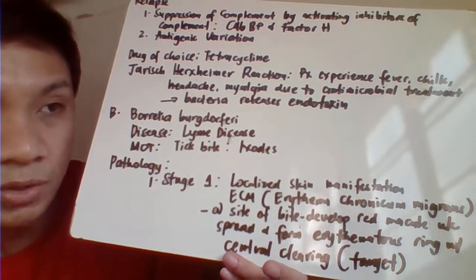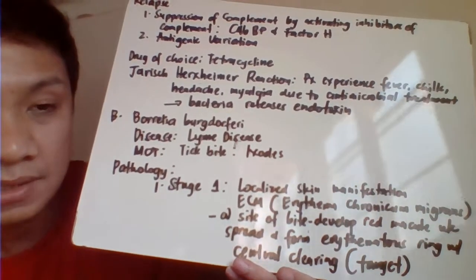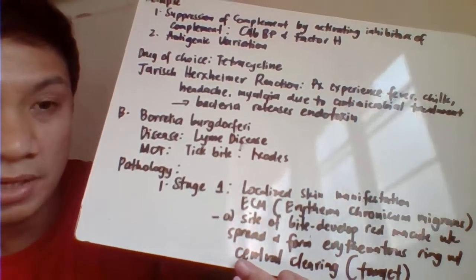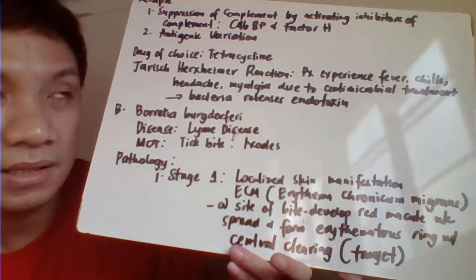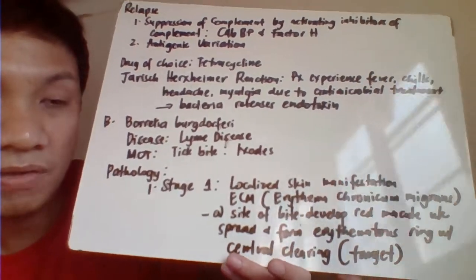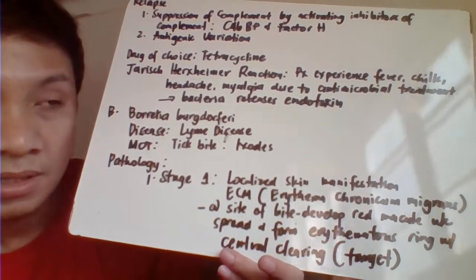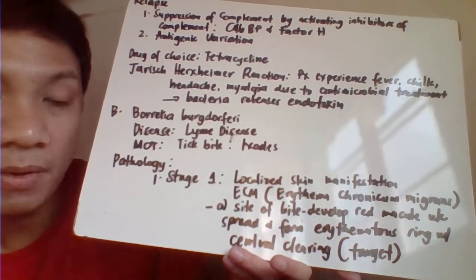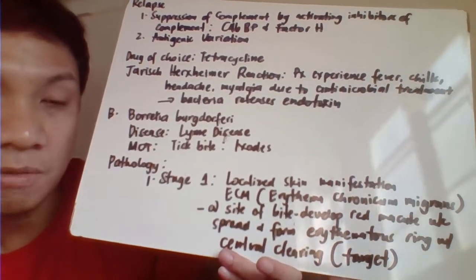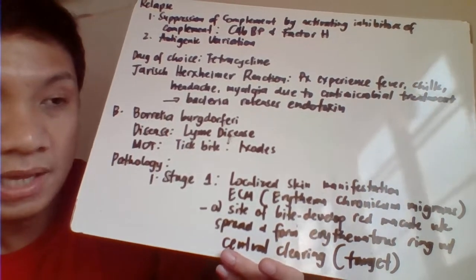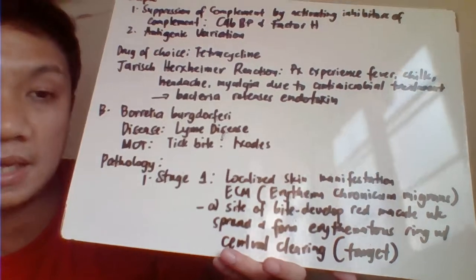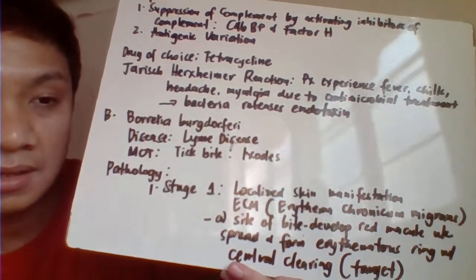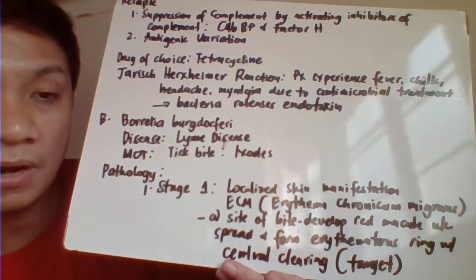Stage 1 is characterized by a localized skin manifestation called erythema chronicum migrans, wherein at the site of the tick bite a red macule develops, and that macule later produces an erythematous ring with a central clearing. The center is clear, so it resembles a target. That's why it's called erythema chronicum migrans.